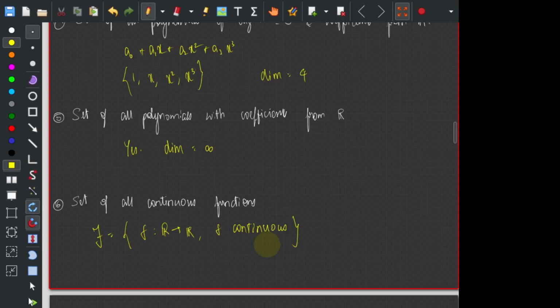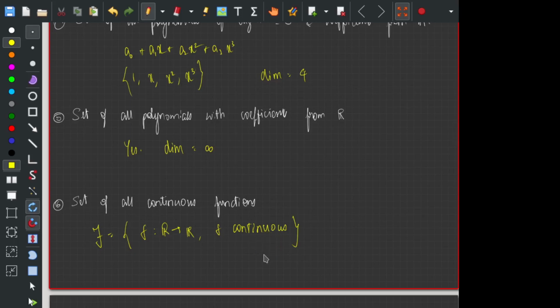Right? Is it commutative? It's addition over continuous functions. So f1 of x plus f2 of x is the same as f2 of x plus f1 of x. Right? Is it associative? Is addition of functions associative? It is.